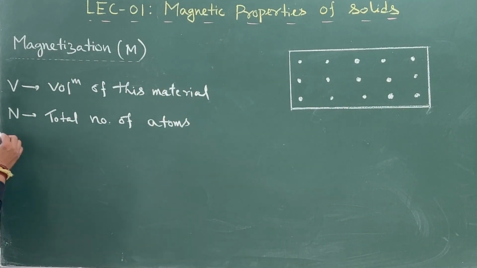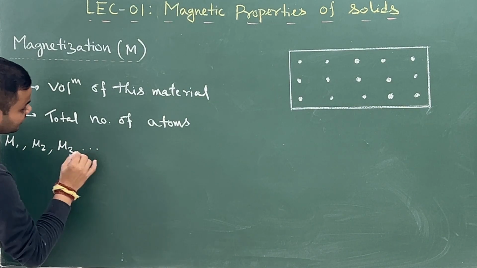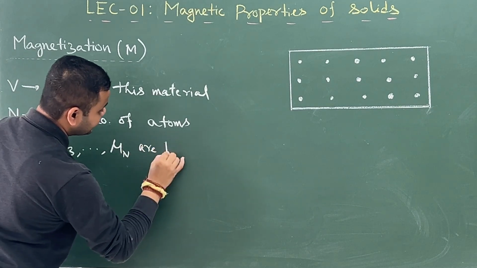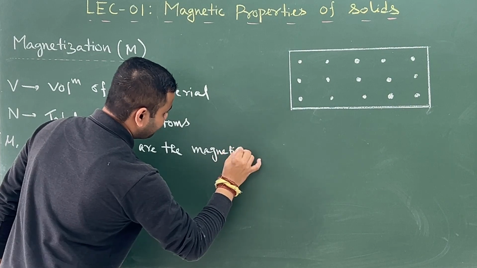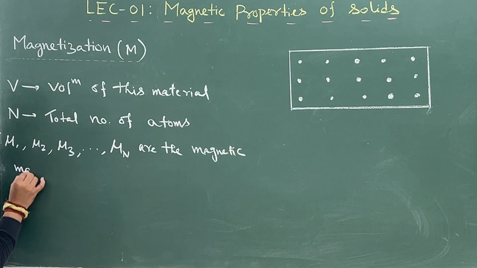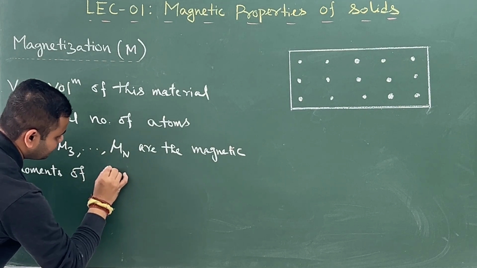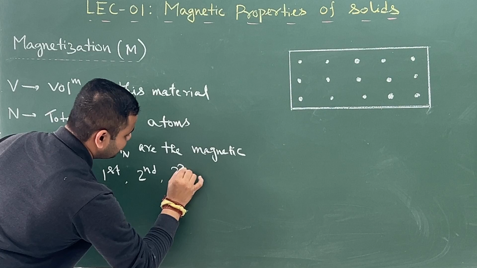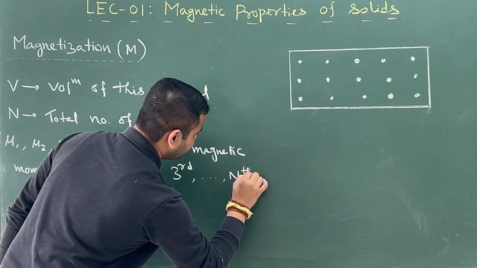First, let me write these points: mu1, mu2, mu3, mu n are the magnetic moments of first, second, third and nth atom.